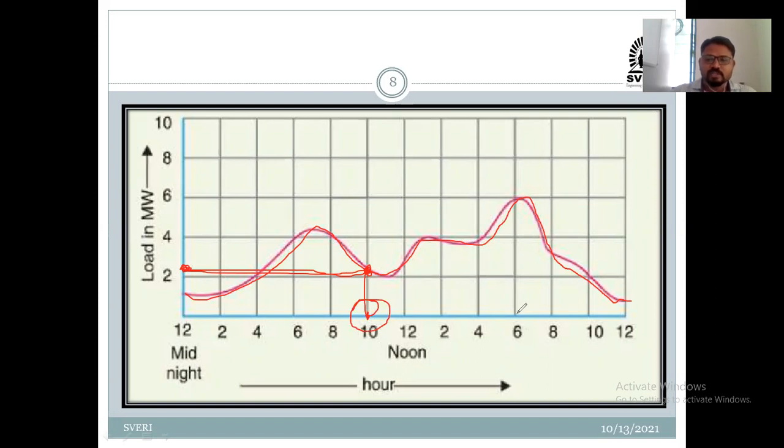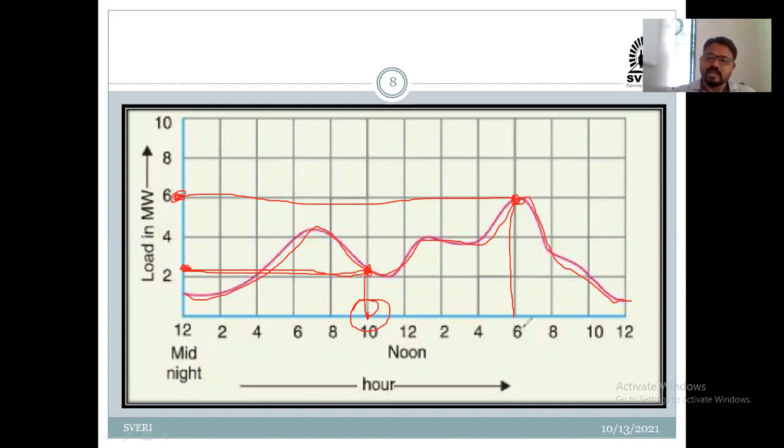If someone asks what was the load on that system yesterday at 6 p.m., what you are going to do is this: this is 6 p.m., when you go to the upper side you meet this point, and when you draw the perpendicular on this y-axis, you get 6 megawatt.